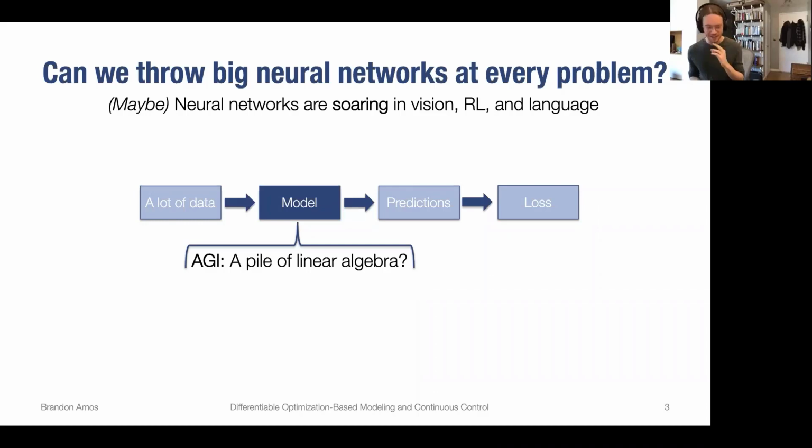And one huge question that a lot of people are asking is, is it okay if we can just throw a big neural network at this data and hope that it learns the right thing? I'm talking about the standard set of linear algebra that you can throw at all of these vision and RL and language problems.